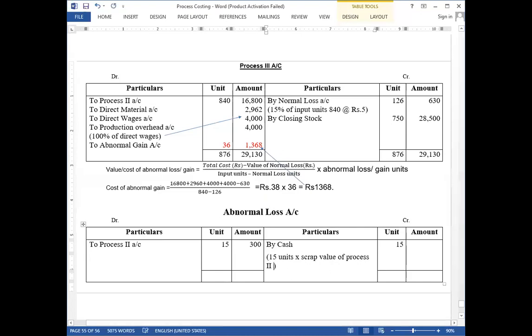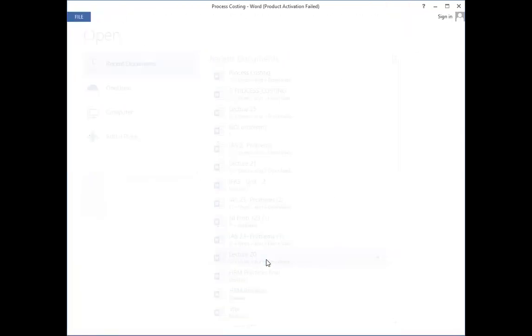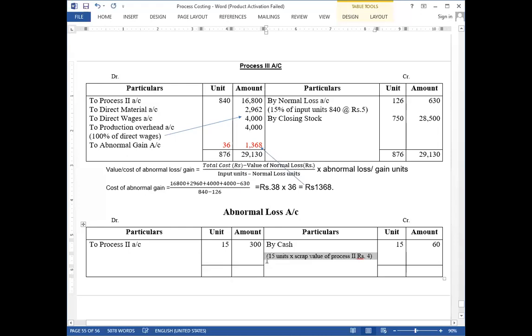Rupees 4. So 15 into 4 will be 60 rupees. Okay. So I am writing this for your reference purpose only.